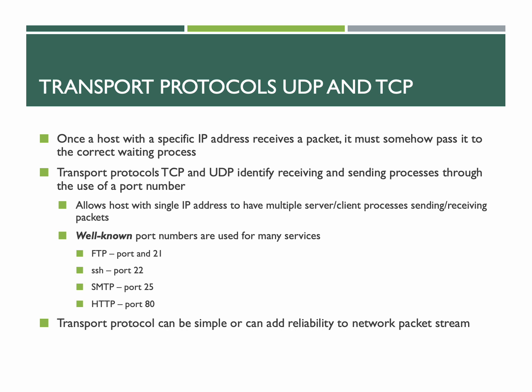That's where port numbers come in. TCP and UDP both use port numbers to identify the sending and receiving processes. This allows a single IP address to support multiple simultaneous services or sessions, like a web browser, an email client, and a file transfer, all running at once.